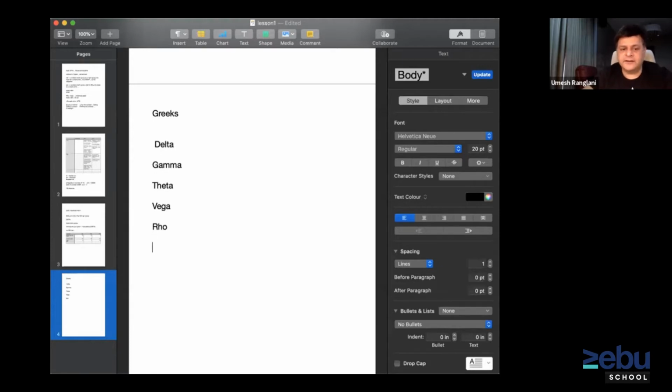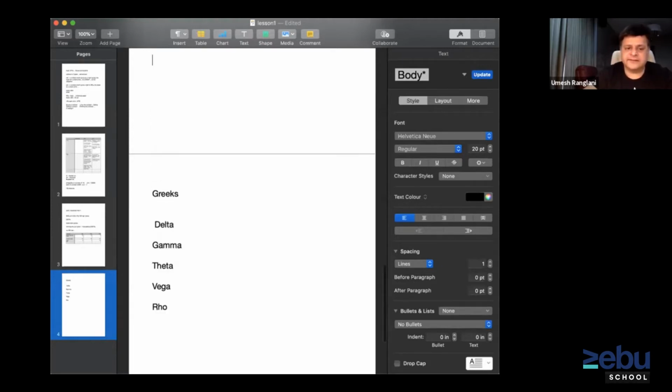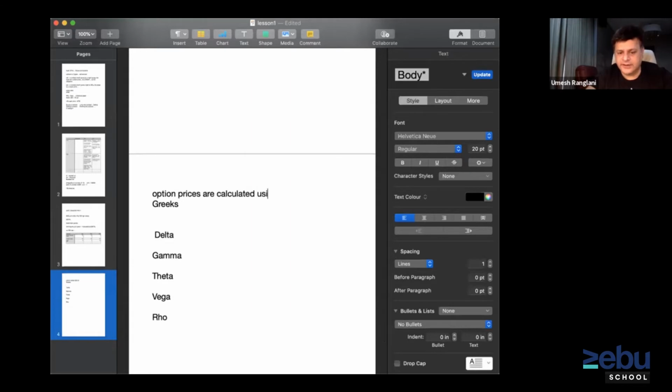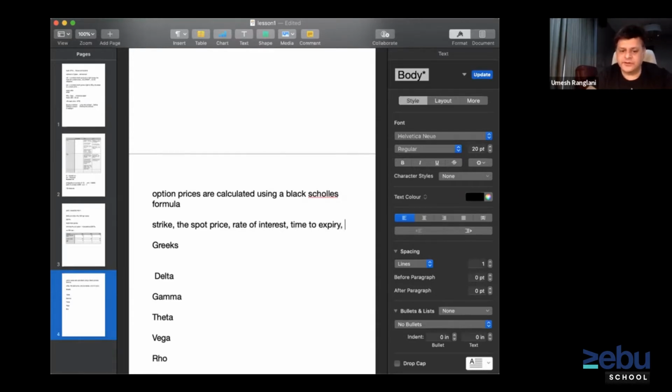Whenever option prices are calculated using the Black-Scholes formula, wherein you put in the strike, the spot price, the rate of interest, the time to expiry, and of course the volatility, the IV, all of these details go into one formula, and it will give you the option price for call and for put.